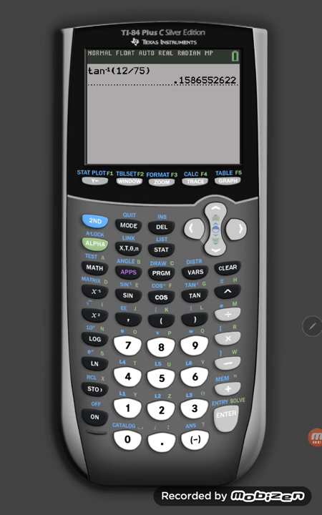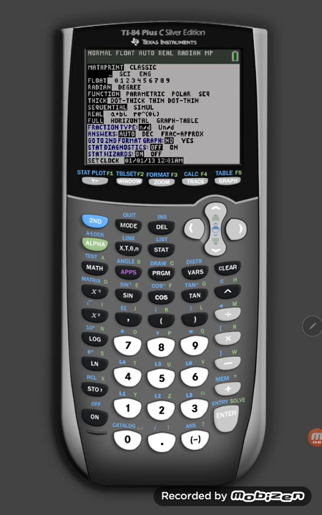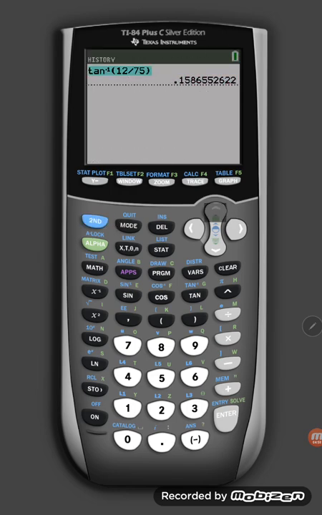Oh, okay. So this is a good way to show you. If you look at the top, you'll see that I'm in radian mode. You gotta click mode. And we're dealing with degrees. So don't forget to switch over to degrees. Let's do that again. So quit back to that screen. Let's enter this again. And there we go.